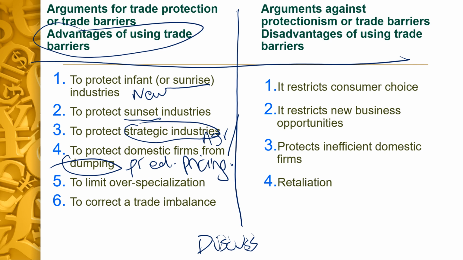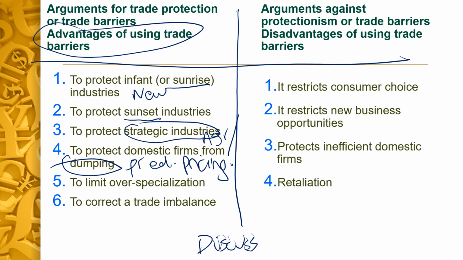The fifth one is to limit something known as over-specialization. So, trade barriers can help a country to maintain a wider range of different industries to reduce the risk of its main industry failing or declining due to overseas competition.